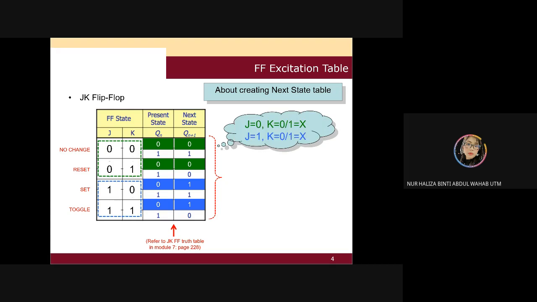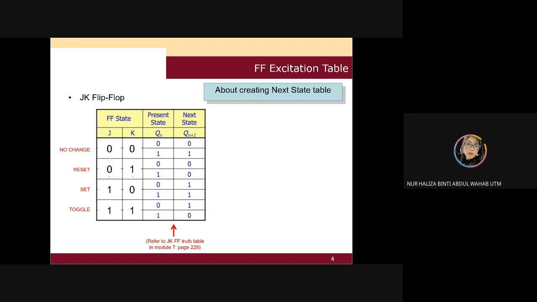Next, we're going to see here the situation of present state is 1. What will happen?